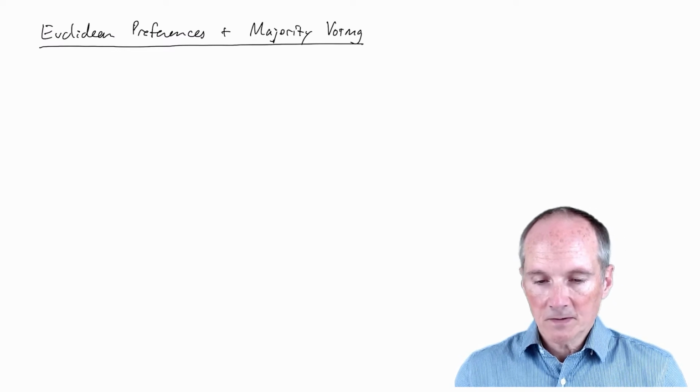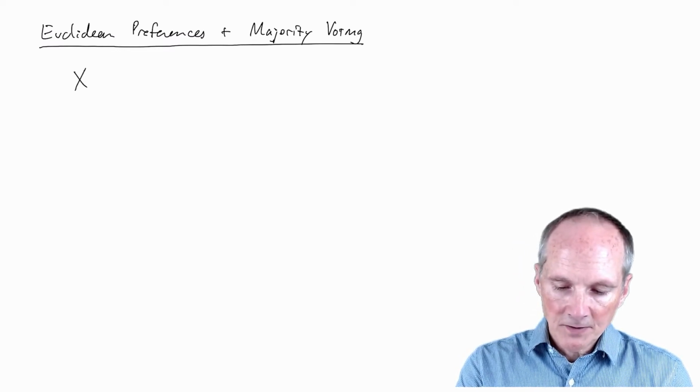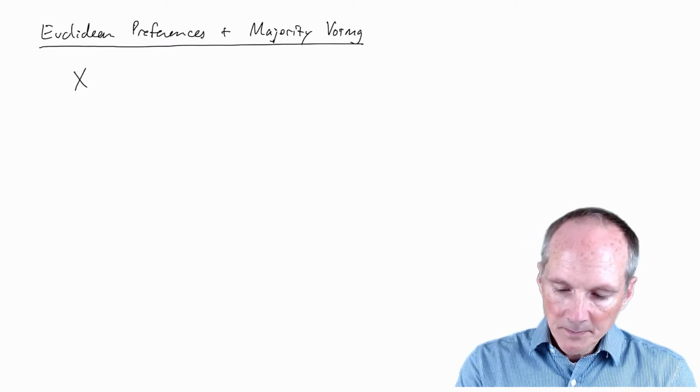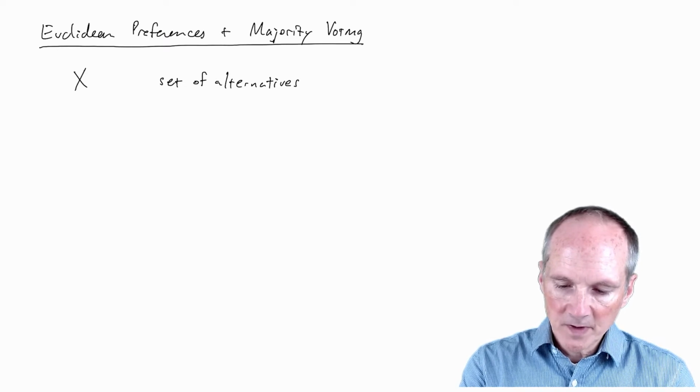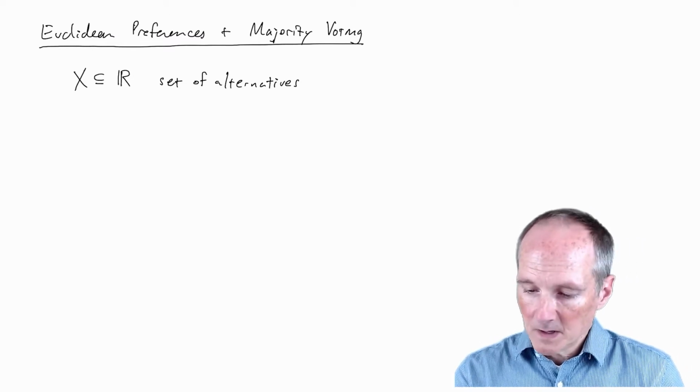All right, so this is in the rational choice framework where we have a set of alternatives, and we'll use capital X for that. But now we're putting more structure on this, and we're going to assume that the set of alternatives is a subset of the real line, and I'm going to use this set inclusion notation for that.